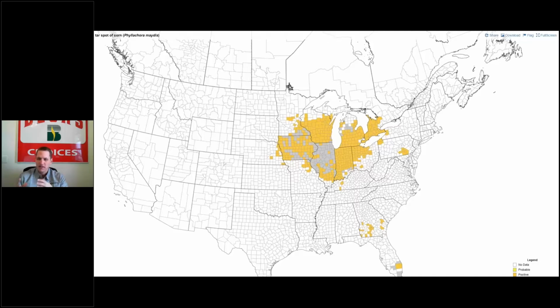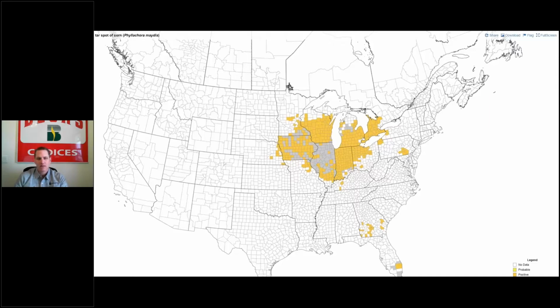So very close similarities to the prediction map that was up before. Now, the unique thing about this is that it's covered a vast area. All of Illinois, besides some of those lower tier counties, my assumption would be that it is in those counties, that it just hasn't been confirmed yet. So definitely a disease we're going to continue to deal with in the state of Illinois.